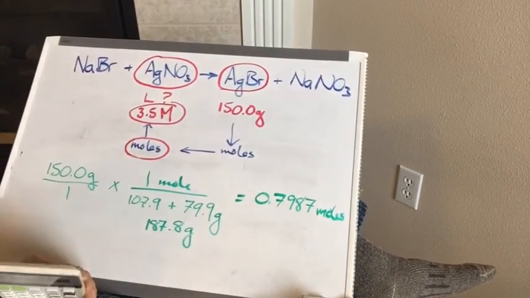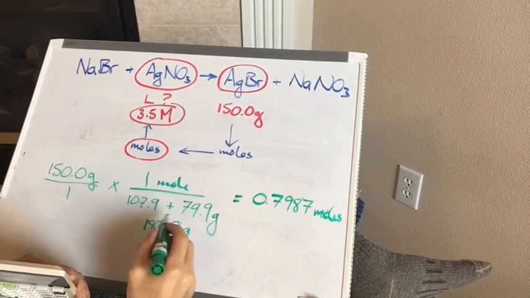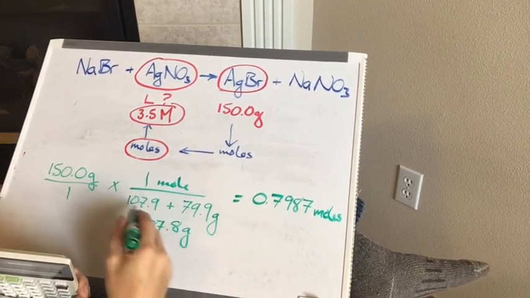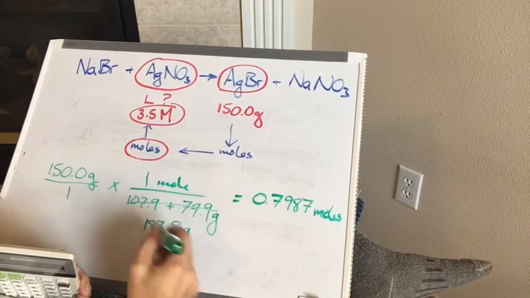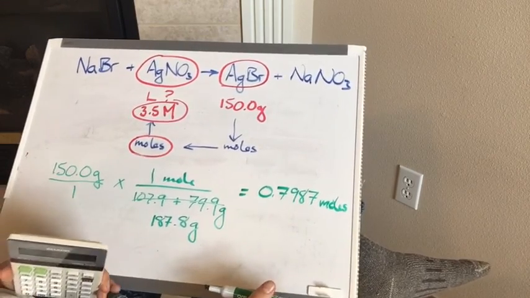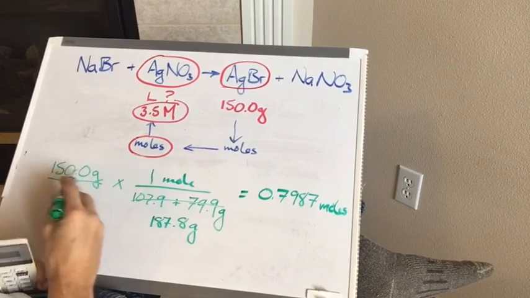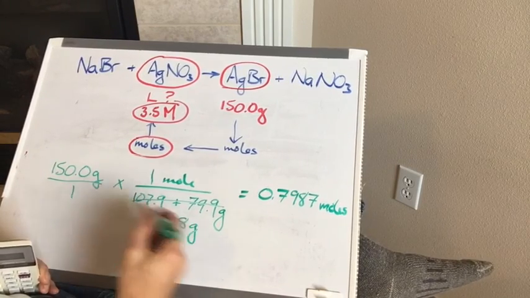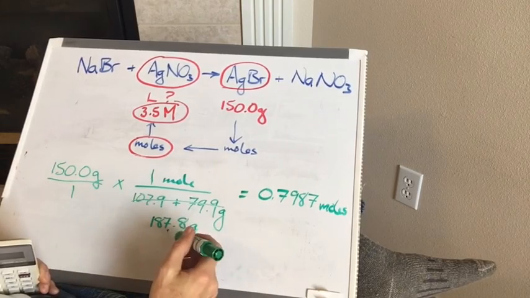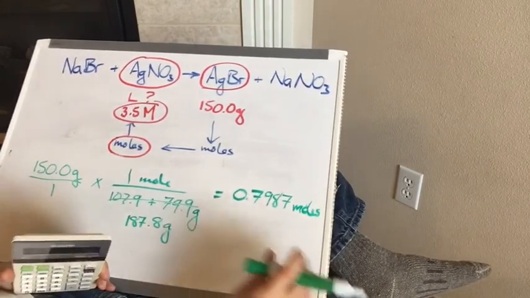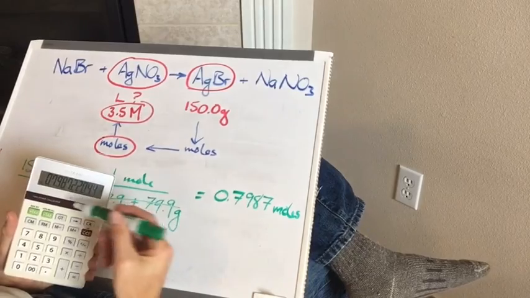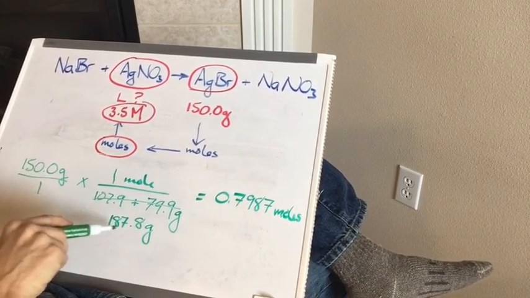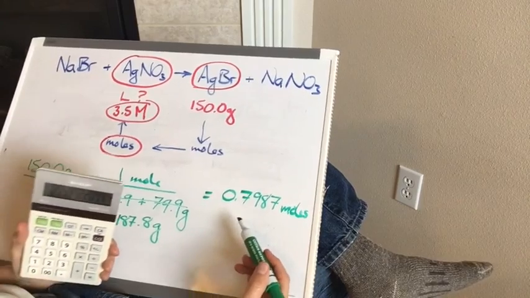Okay, so when I worked out this problem, I added these two numbers, 107.9 plus 79.9, and I got 187.8. I crossed that out to make it a little bit simpler. Then I took 150.0 divided by 187.8. I got a long number on my calculator, but each one of these has 4 significant figures, so I can keep 4 significant figures.